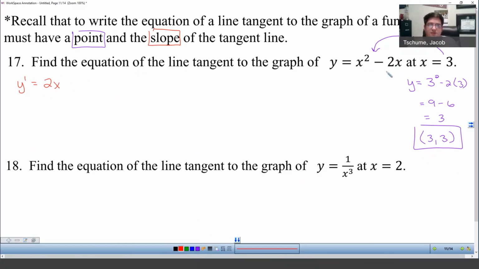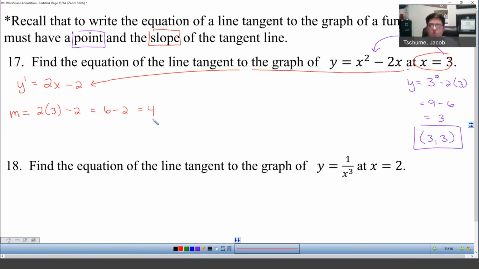Since the derivative of x goes to 1, that whole term goes to minus 2. You are then going to take your same x value and plug it into the derivative to find the slope. So the slope would end up being 2 times 3 minus 2, which is 6 minus 2, which is 4.